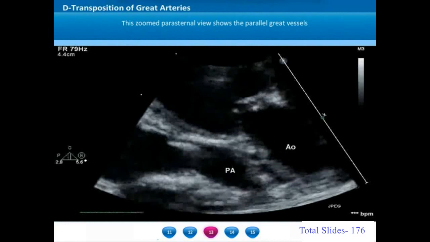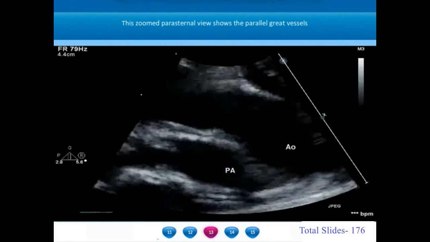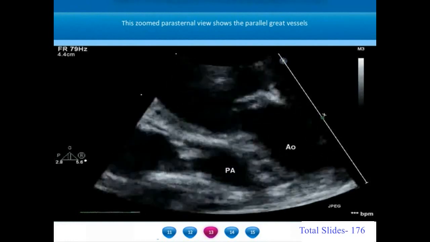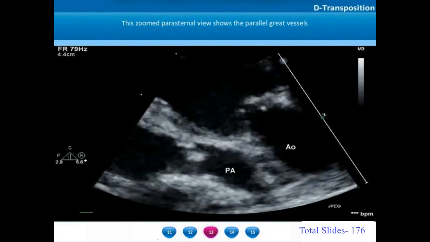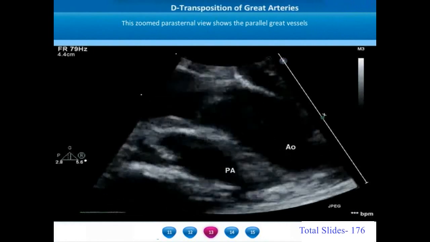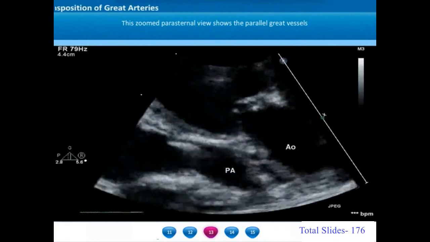Anterior mitral leaflet has its annular attachment in very close proximity to the pulmonary annulus, and this is called the pulmonary mitral fibrous continuity. We can also notice that the aortic valve is located more cranially due to the presence of a subaortic conus or a subaortic infundibulum.